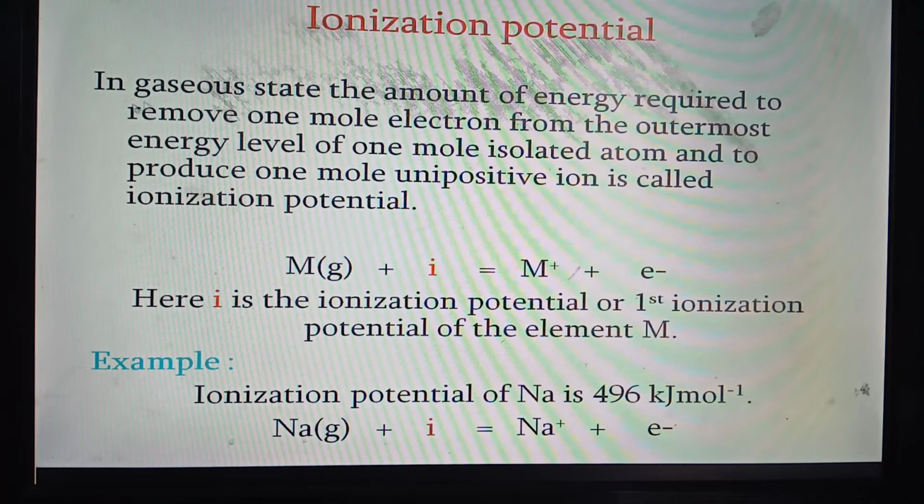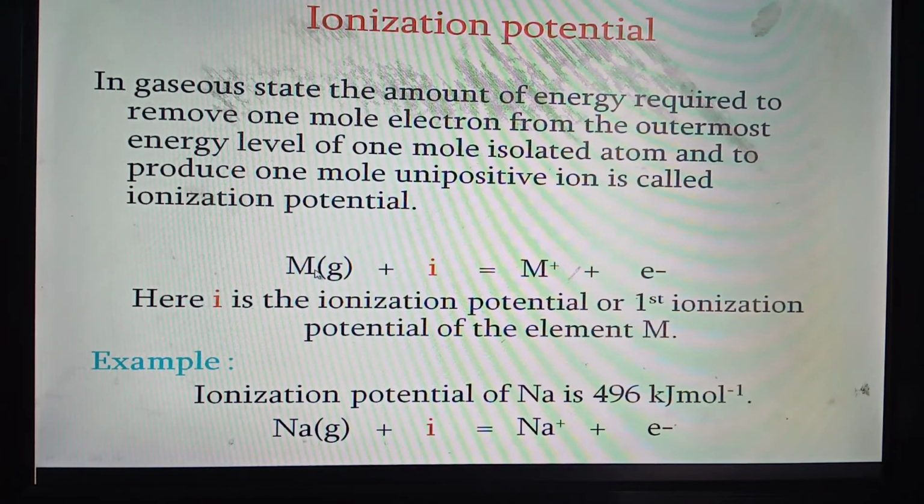In gaseous state, of course, you have to mention that, the amount of energy required to remove one mole electron from the outermost energy level of 1 mole isolated atom and to produce 1 mole unipositive ion is called ionization potential. What is unipositive ion? The cation or positive ion whose charge is +1. That ion is called unipositive ion.